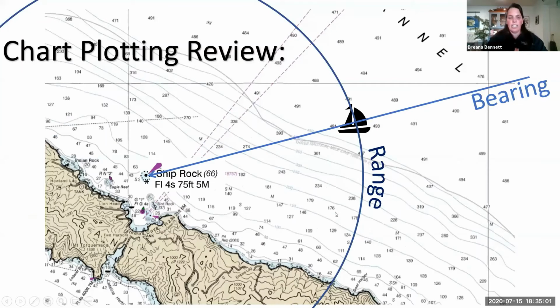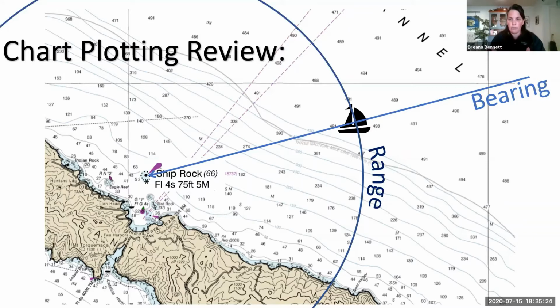Okay, so before we dive into today's actual PowerPoint, I'm going to do a little bit of review to answer some of those questions we got at the end of last week's class. So, going back to the real basics of plotting and navigating.